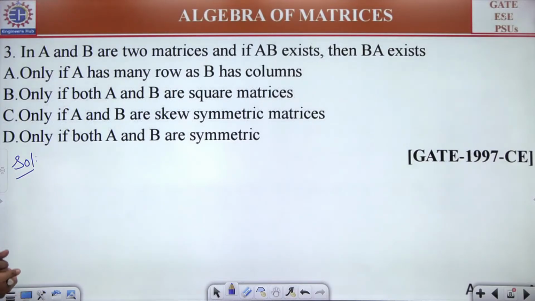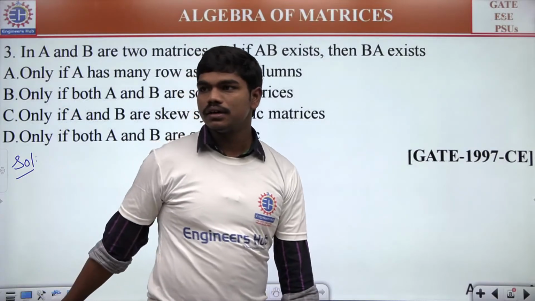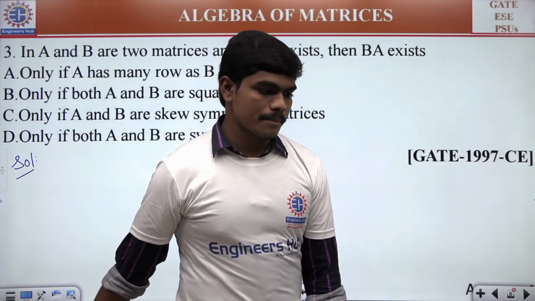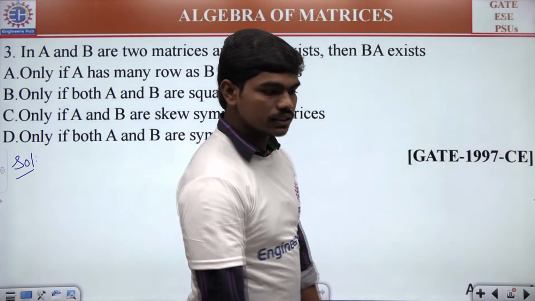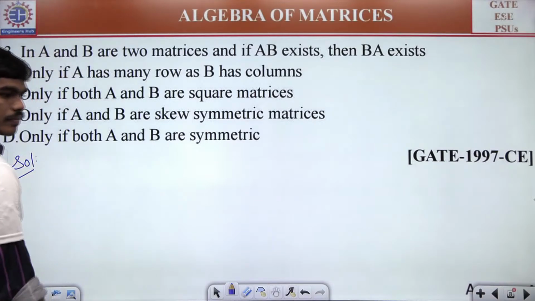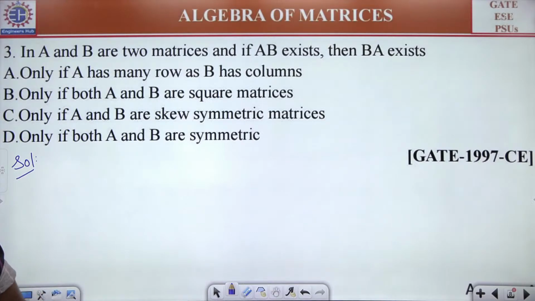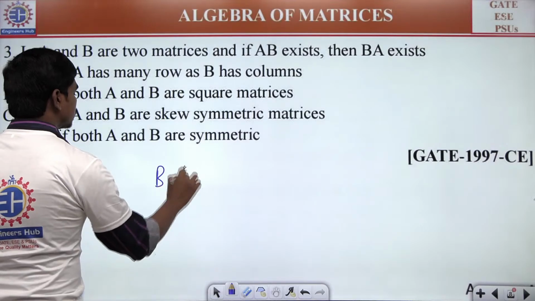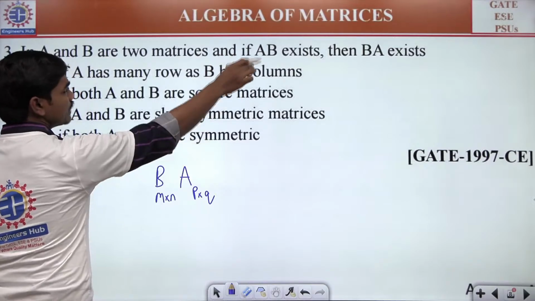A and B are 2 matrices, and if AB exists, then BA exists when one of these 4 options should happen. What's the correct option? So please tell me here. What's the correct option now? All of you, please tell me what's the correct answer. Option D, and few of you are telling option A. Look, if BA has to exist, if the order of B is m by n and the order of A is p by q, it's already given AB is existing.